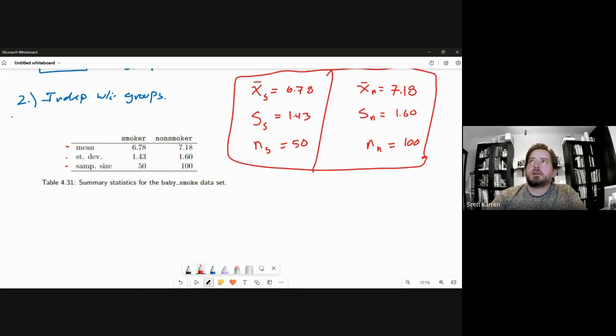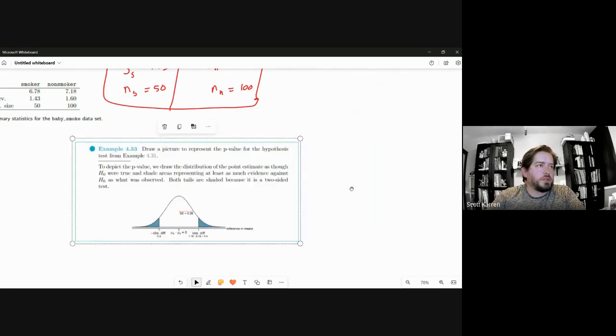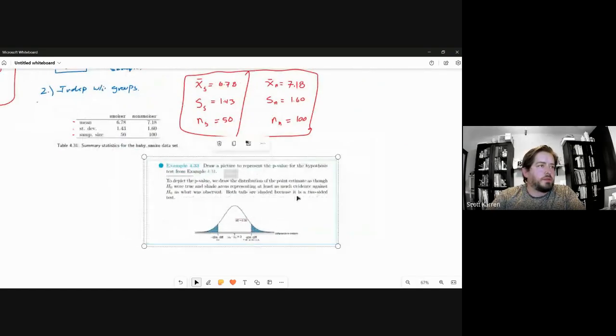Okay. And they draw a picture here, which is not always the worst idea ever, of what we're really looking at. So they've drawn a picture that represents the p-value for the hypothesis test, right?